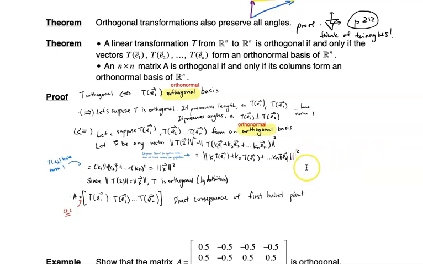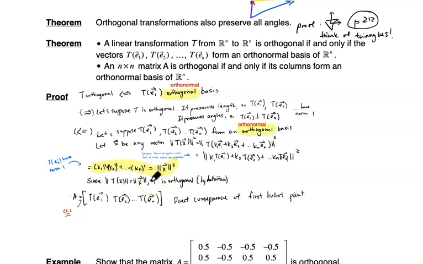And secondly, since T of Ei has norm 1, the norm of this whole thing is k1 squared plus k2 squared and so on. And this, if you think about it, is the norm of x squared. So we went from the norm of T of x squared equals the norm of x squared. So now we can take the square root. Norms are always positive, and we reach the answer.